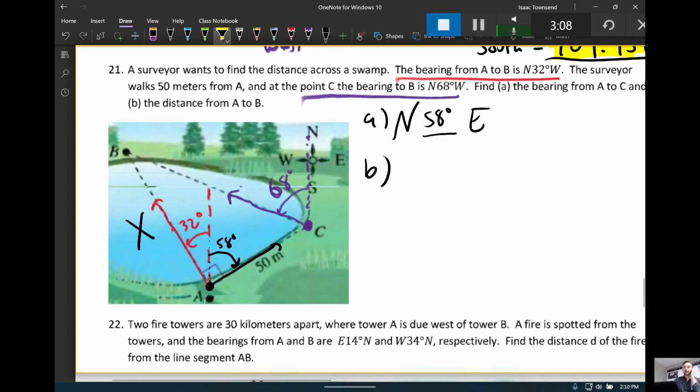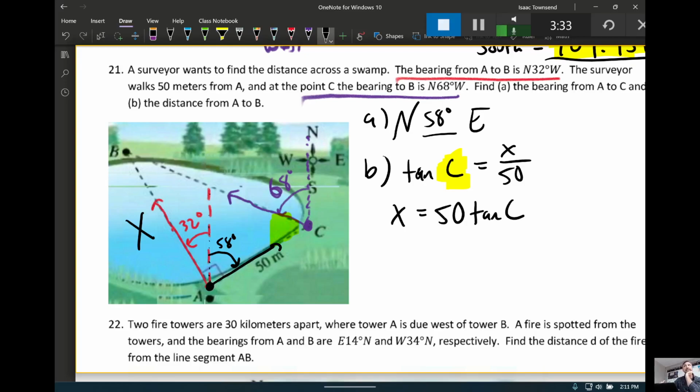But if I can figure out how big angle C is, I could say the tangent of that is equal to opposite, which is what I'm trying to find, over adjacent, which I know. So my final answer is going to come from 50 times the tangent of angle C.